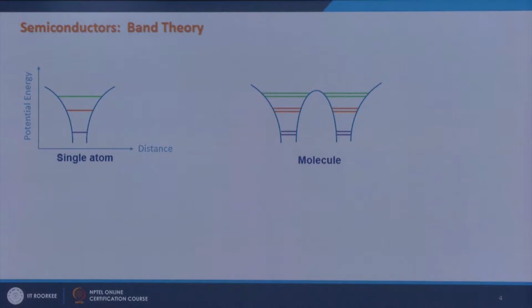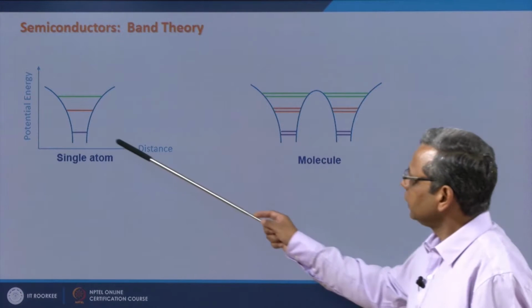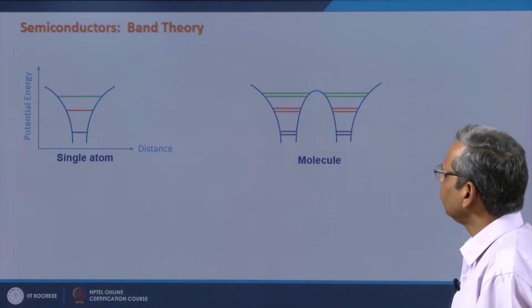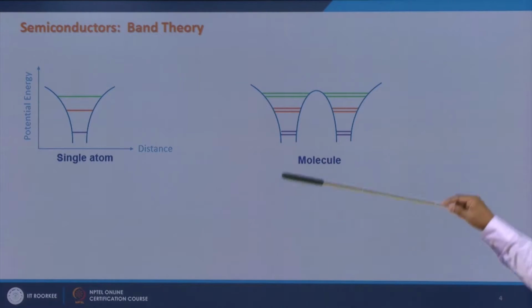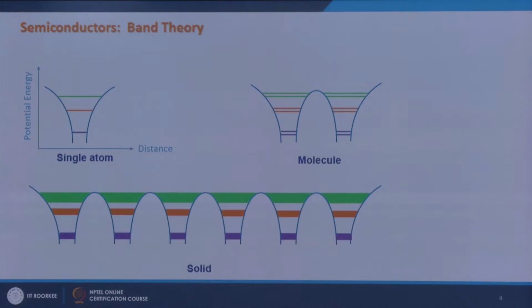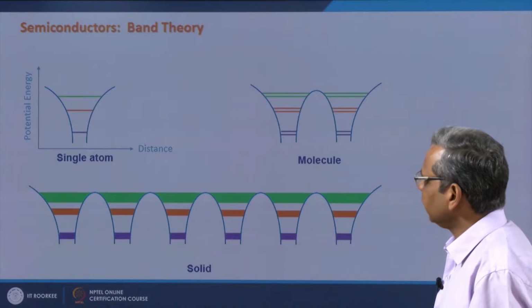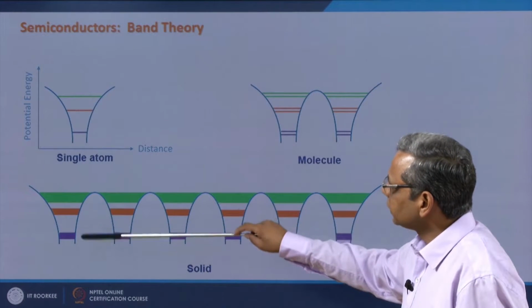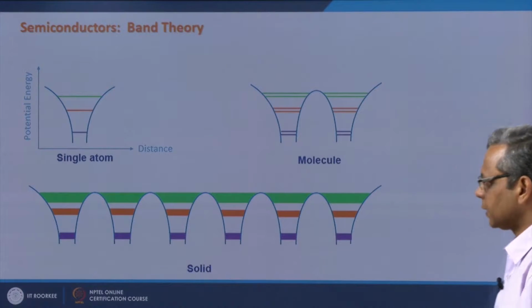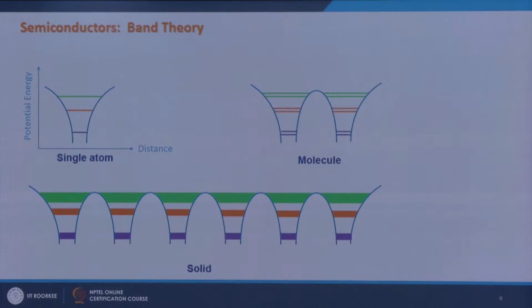As a consequence, this energy level gets split into two, and this also. So, these energy levels get split. If I bring more and more atoms, then there would be more and more splitting, and these energy levels are then transformed into bands. These are known as energy bands.